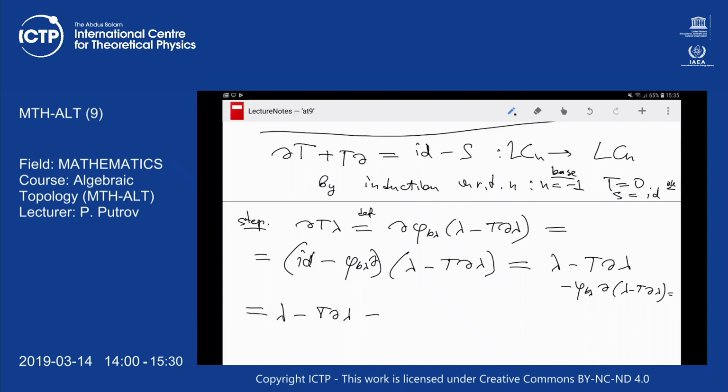And now I want to use the induction assumption. So this T inside acts on d lambda, so it's a map from LCn-1. So I can use induction assumption, and I can use this formula for this T here inside, and this means I can write here identity minus S minus dT. Right? So replace Td here with this guy.